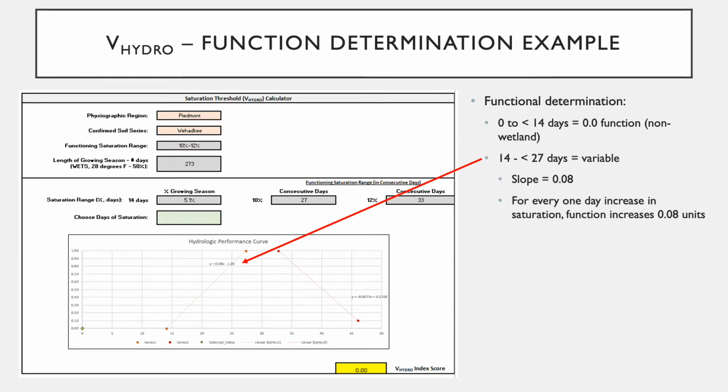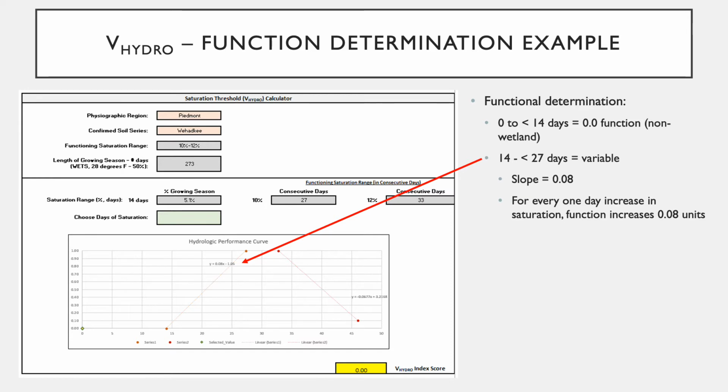As saturation increases beyond 14 days, you begin to travel along this hydrologic performance curve. Below the optimal 10 to 12% functioning range, you increase. The low end of that range is 27 consecutive days.